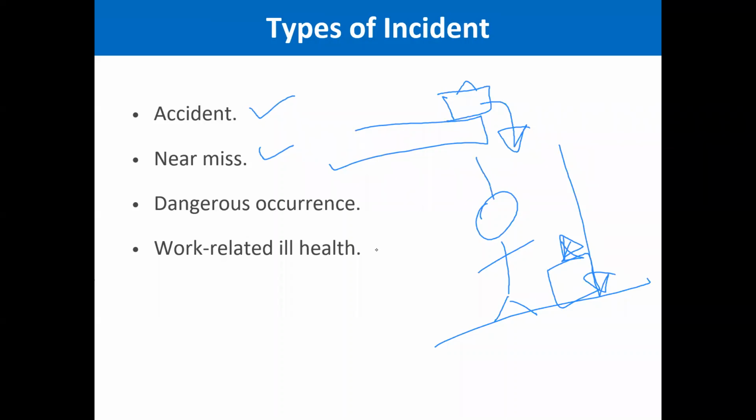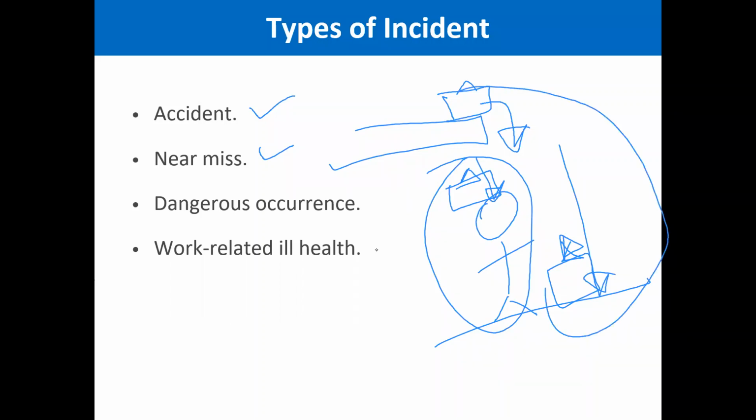Or the load could fall on the person's head and he will get a fractured skull or bleeding or any other kind of injury. So in the case in which he gets an injury, it is called an accident, and in the case in which the load lands right next to him but there is no injury, it is called a near miss.